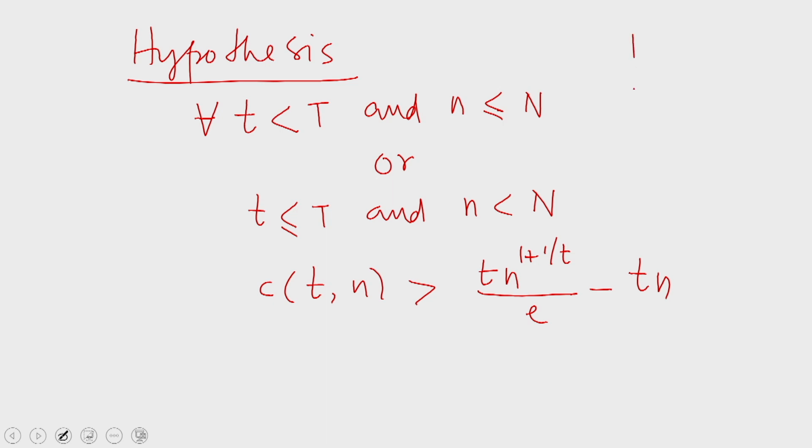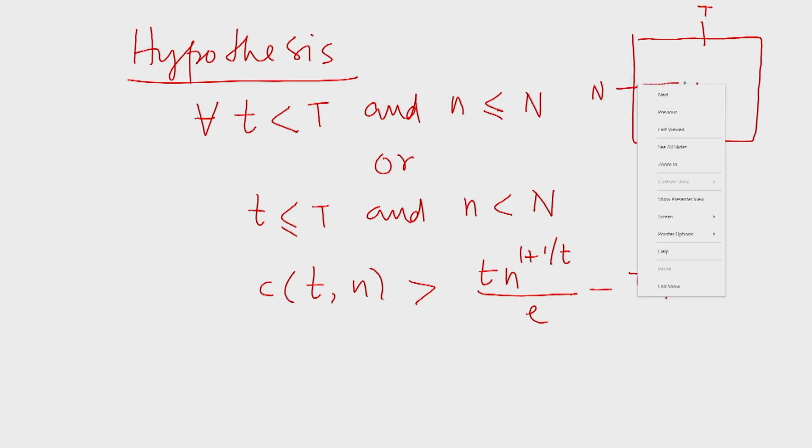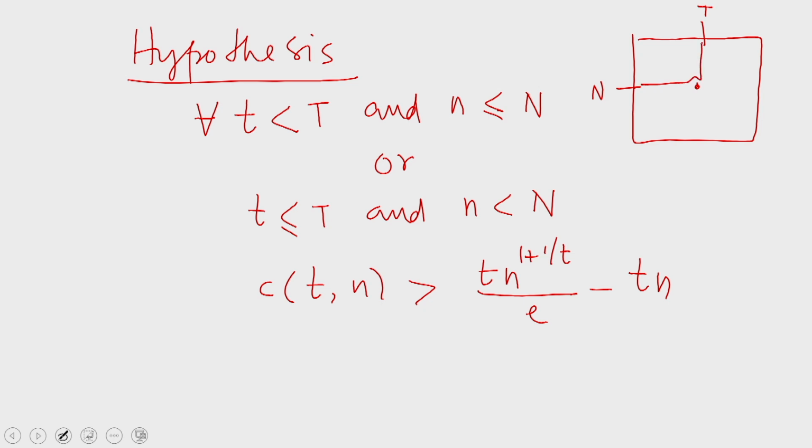So, we are considering a particular value of capital N and capital T, and what we assume is that for every small n and every small t, that is, at least one of them must be less than or equal to n or t, which means for every value within this rectangle, the hypothesis holds, except for n and t.